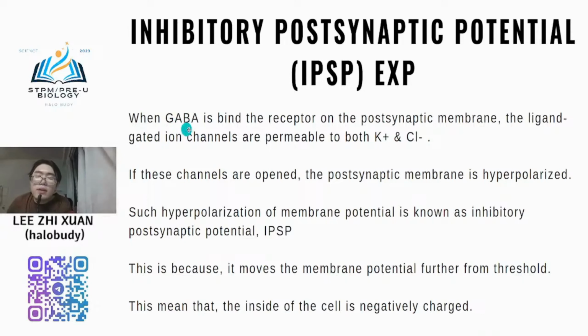This neurotransmitter is the reverse of acetylcholine, because acetylcholine triggers the action potential, but GABA inhibits it, meaning that the membrane is more permeable to potassium ions and also chloride ions. When these ion channels are open, the postsynaptic membrane is hyperpolarized. You will still remember hyperpolarized means it is more negative compared to the resting state. So it will totally inhibit the action potential of the postsynaptic neuron.